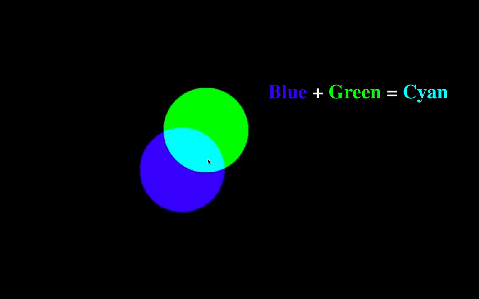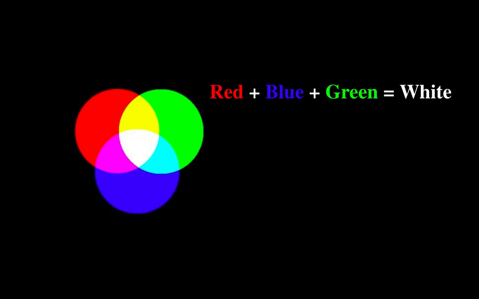It actually makes sense that the sky is cyan, because that just means the light coming through is a mixture of green and blue light that gets scattered into your eye from above. And if you shine red, green, and blue light on a wall at the same time, you get white.